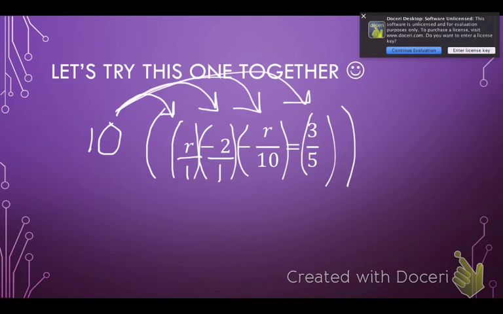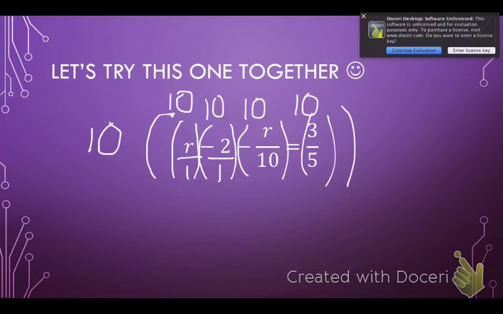All right, so if you have that and we distribute the 10 to every term, that means I'm going to have 10 multiplied here, 10 here, 10 here, 10 here.